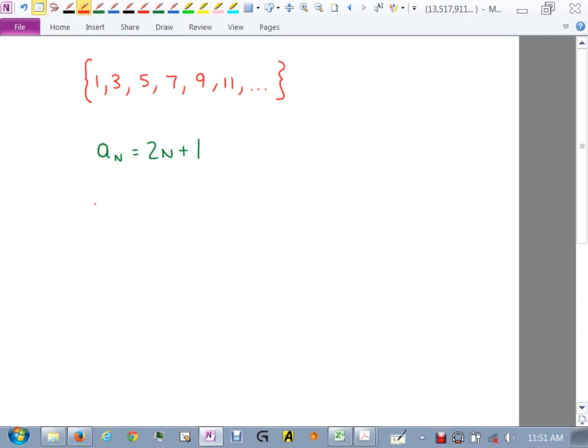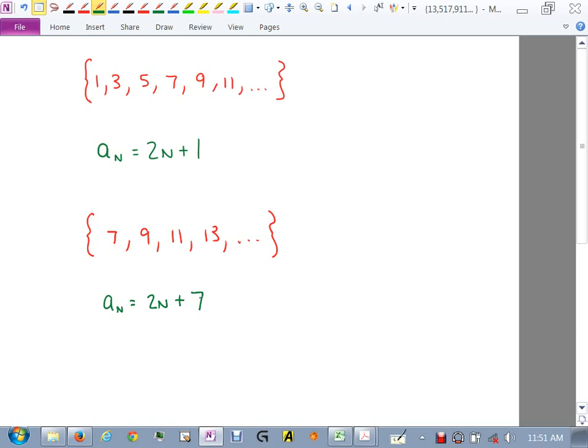Can you create this one? Okay, what's that? A sub n equals 2n plus 7.